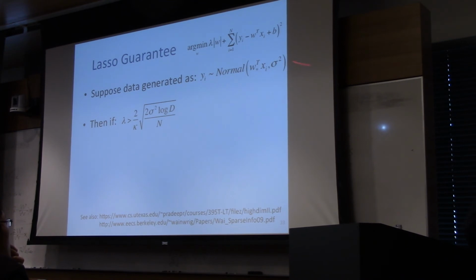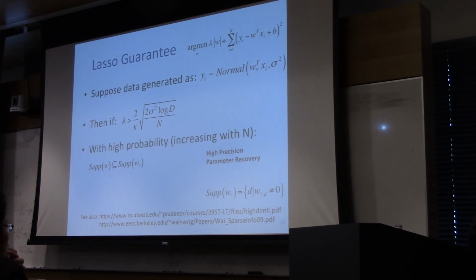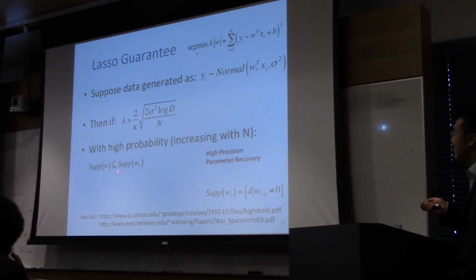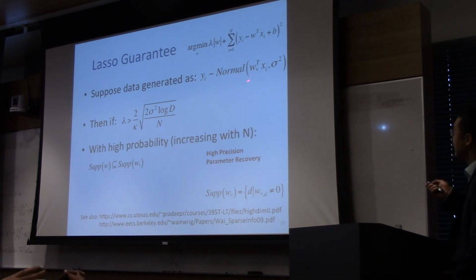Then, as long as lambda is sufficiently large, larger than some threshold that decreases with the size of the training data, then with high probability, the non-zero entries of W are contained in the non-zero entries of the true model.